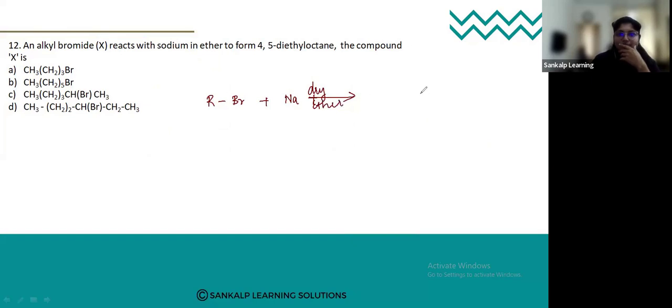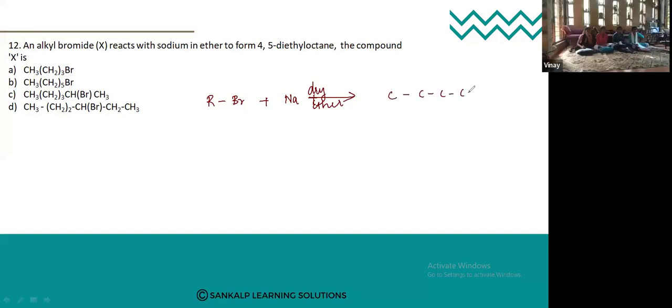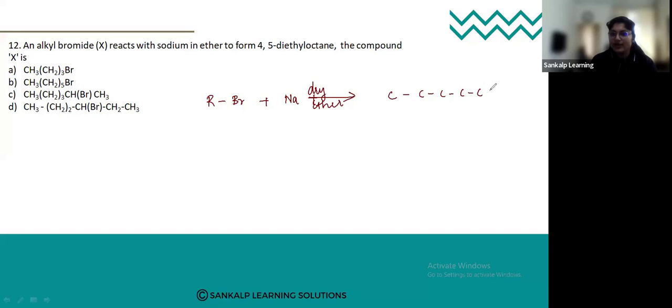And it is forming 4,5-diethyl octane. Octane means 8 carbons, 1, 2, 3, 4, 5, 6, 7, and 8. At the 4 position you have an ethyl group, and at the 5 position again you have an ethyl group.